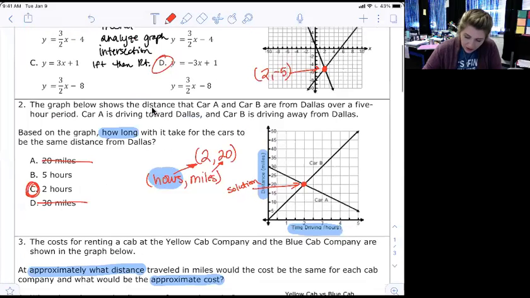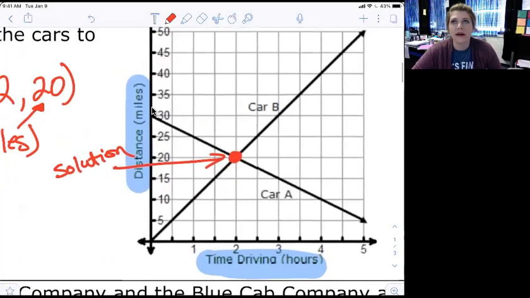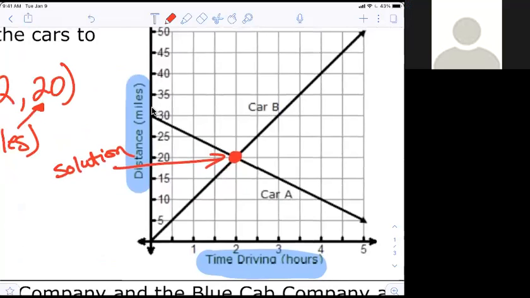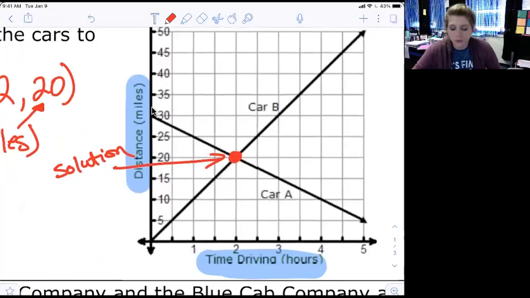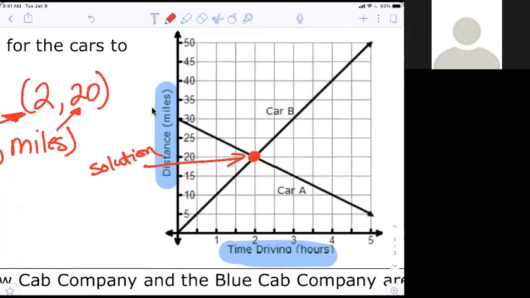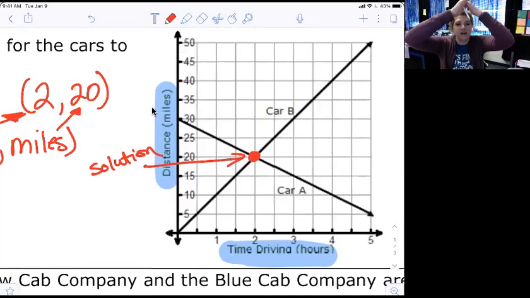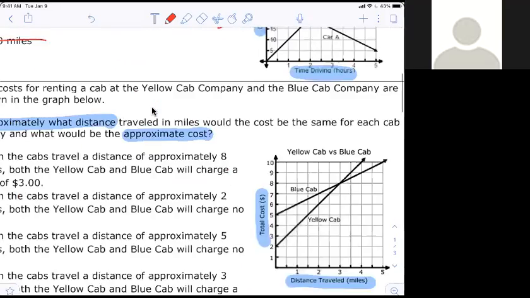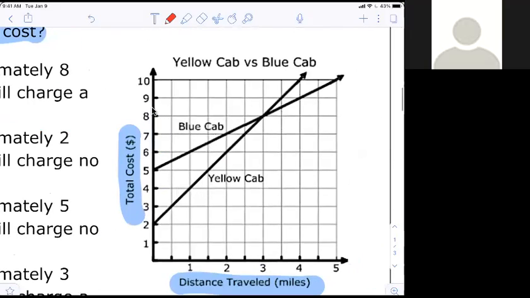Okay, so taking a look back up here on that one, you see it? What was our solution for this one? 2 and 20. Okay, and why did we choose that one as our solution? Because that was the X and Y values. Right, of where the lines cross, yeah? Yeah. Okay, so it's 3 and 8.